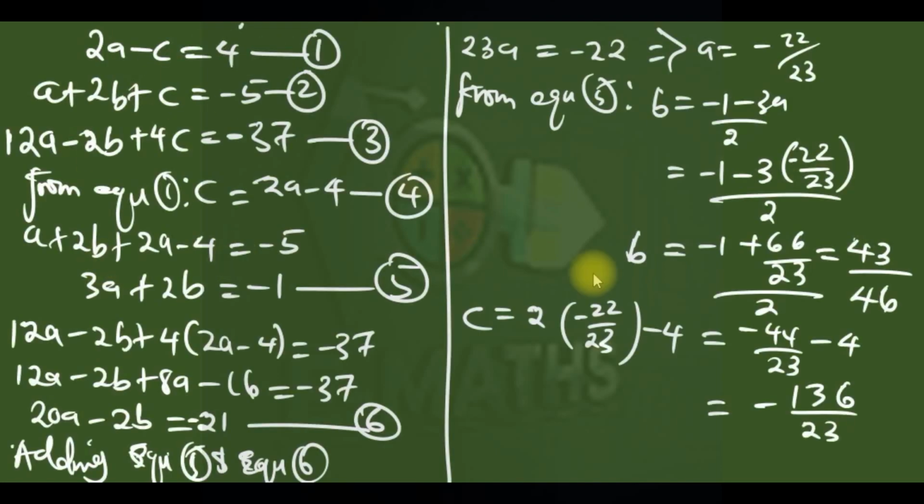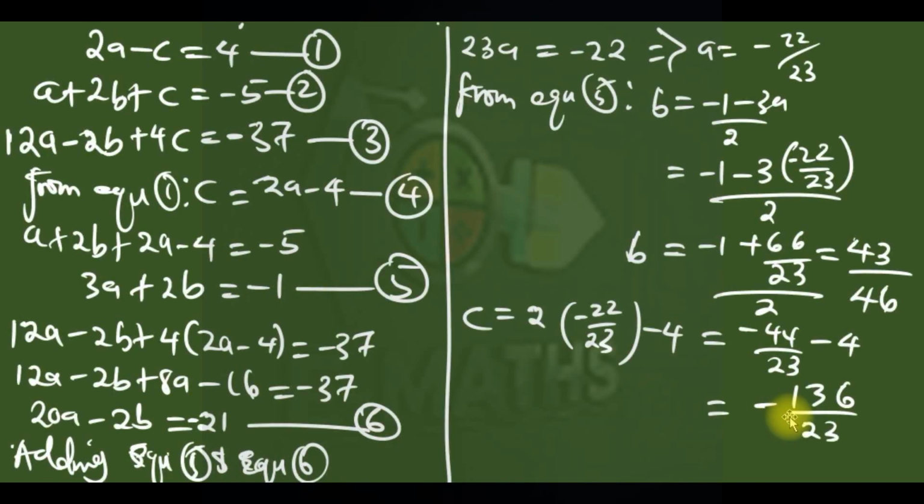Plus y is b is what? 43 over 46. So 43 over 46y minus c is what?